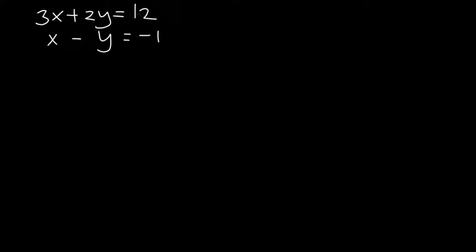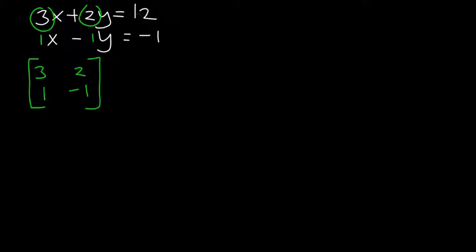In this video, I want us to learn another method of solving simultaneous equations, and that is by matrix method. What we do in this method is that we're going to extract a matrix of the coefficients. So we're going to write these coefficients, that is 3, 2, 1 and -1, here.